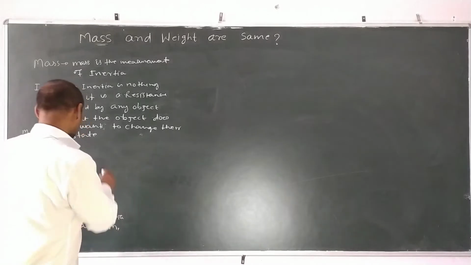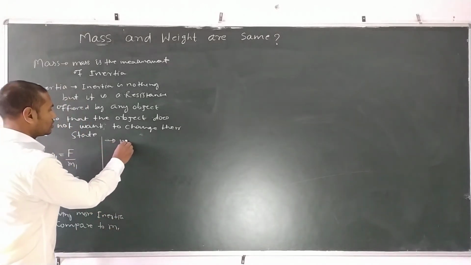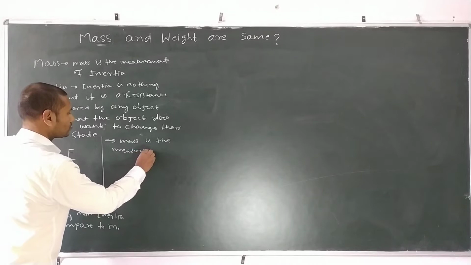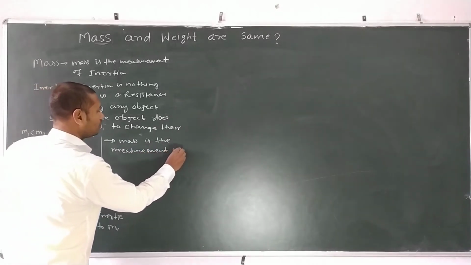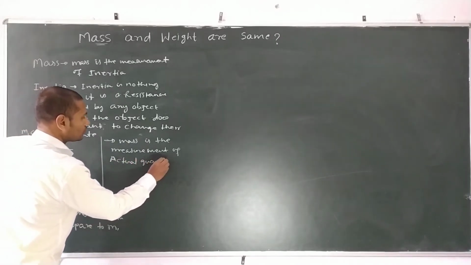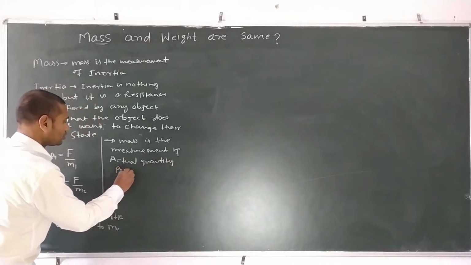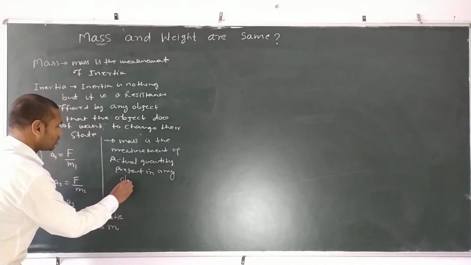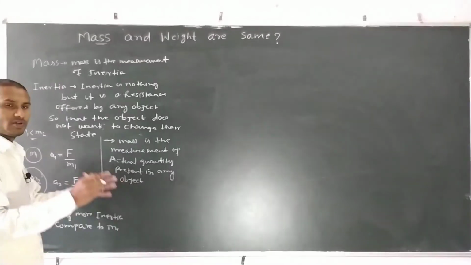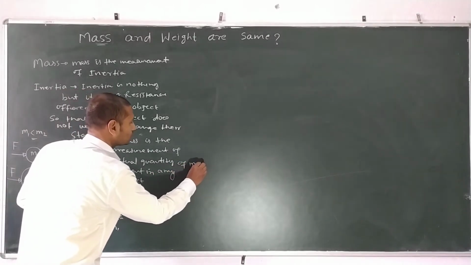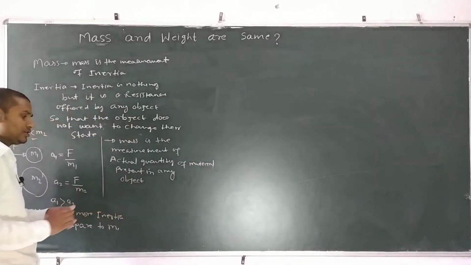Okay, in other words, we can say that mass is the measurement of the actual quantity of material present in any object.